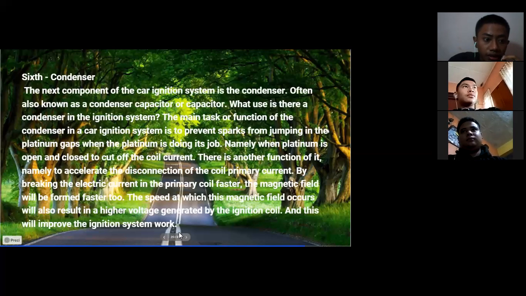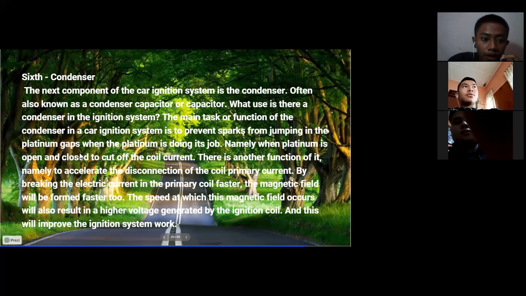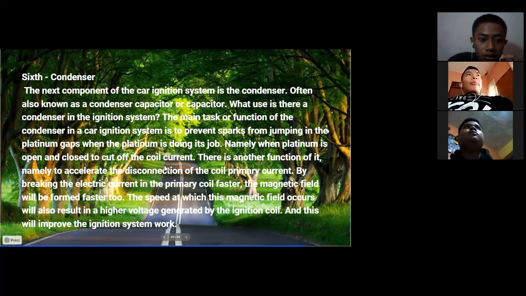Six, condenser. The next component of the car ignition system is the condenser, often also known as capacitor. What is the condenser in the ignition system? The main task or function of the condenser in a car ignition system is to prevent spark from jumping in the platinum gaps when the platinum is doing its job, namely when platinum is open and closed to cut off the coil current.